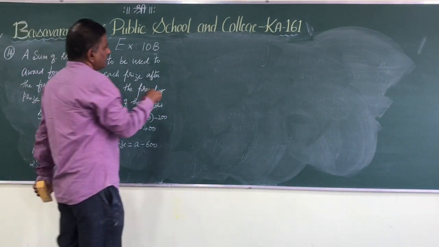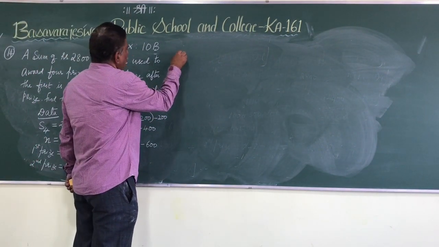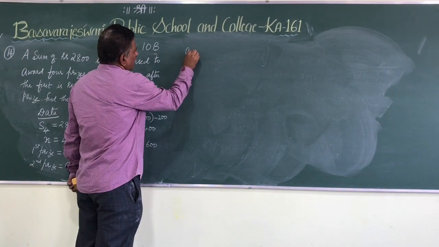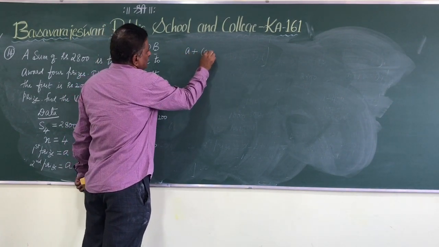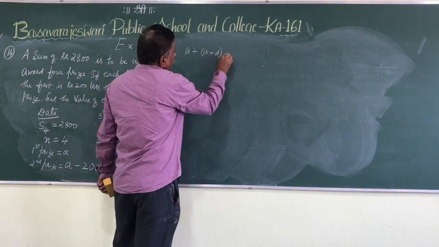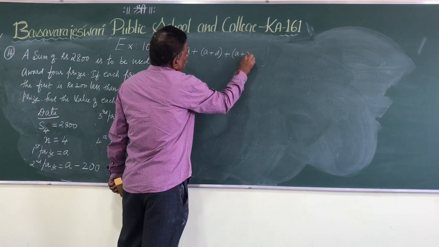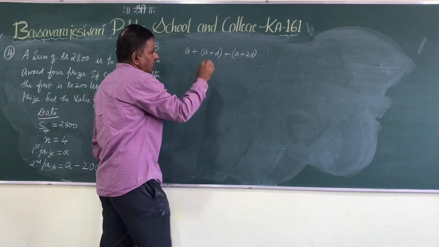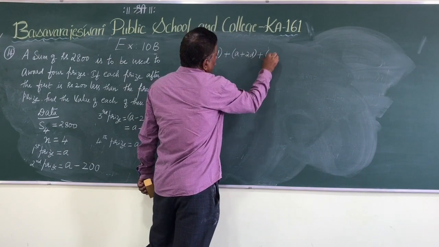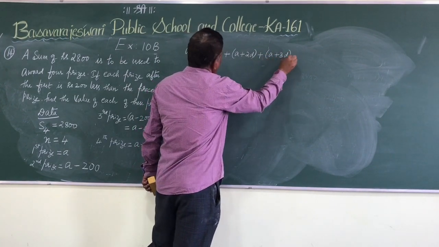Now, if I write the general form of arithmetic progression, I'll get A the first term, A plus D, A plus 2D, and A plus 3D, since we have the 4 terms.